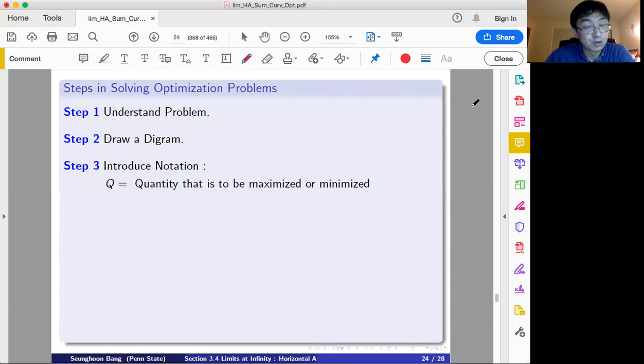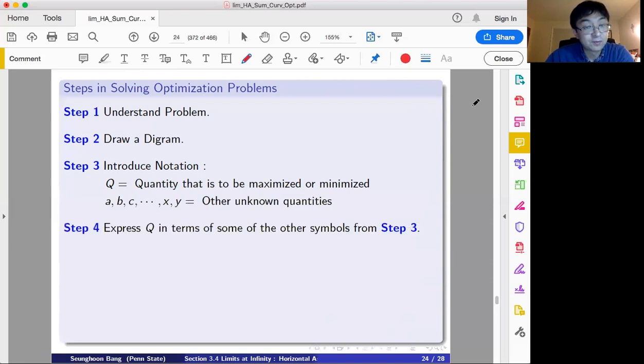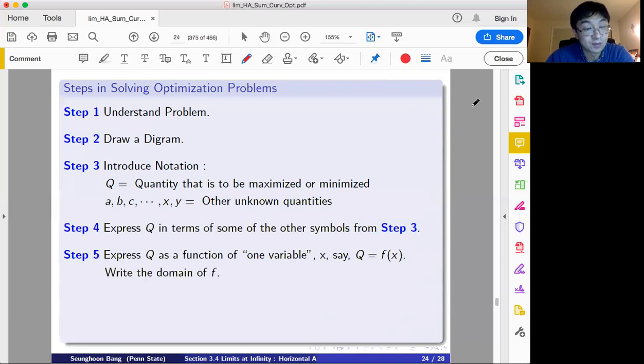Let Q be the quantity that is to be maximized or minimized. A, B, C, X, Y are other unknown quantities. Step 4, express Q in terms of some of the other symbols from step 3. Step 5, express Q as a function of one variable X, let's say Q equals f of X.